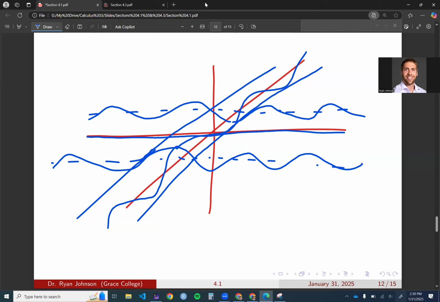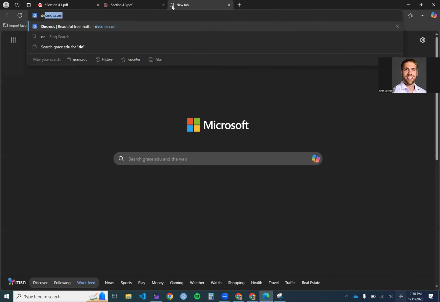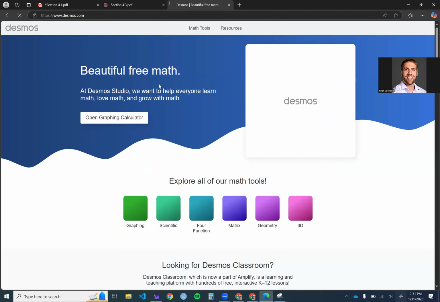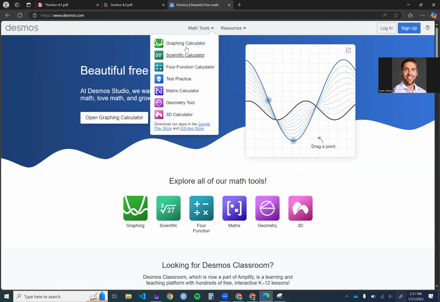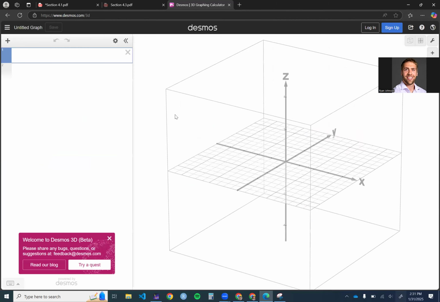Let's see if Desmos can do this. I don't know how good this thing is. We'll find out. So z equals sine x cosine y.